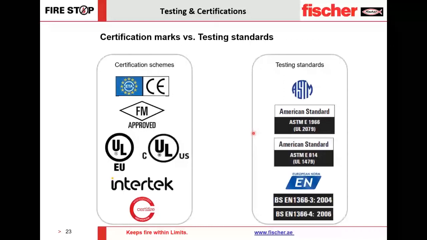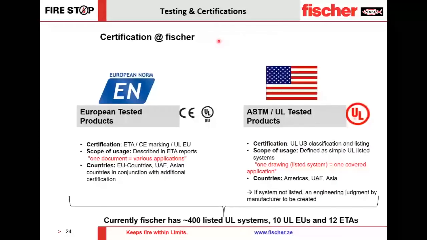Now, what does it mean for Fischer as an international company? We, as Fischer, also work with an international product range. This means we have products tested to European standards, certified under CE mark and ETA, as well as UL EU. And we also have some certifier Warrington documents.